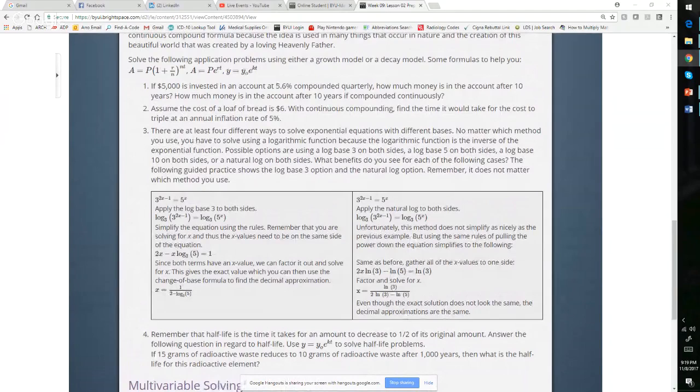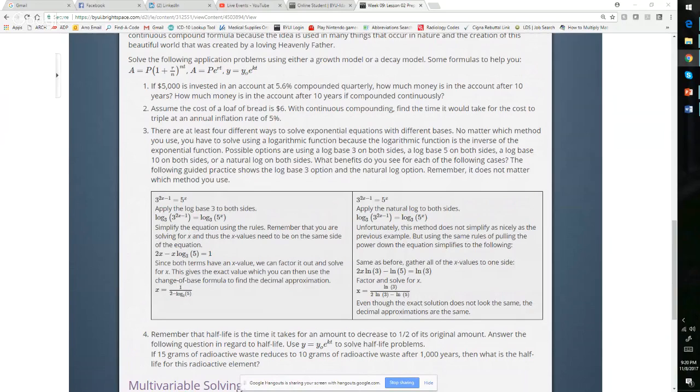Since we don't have a lot of time, I'm just going to tell you the answers I got. Were you able to work on any of those? No, I wasn't able to start any of these equations. Okay.